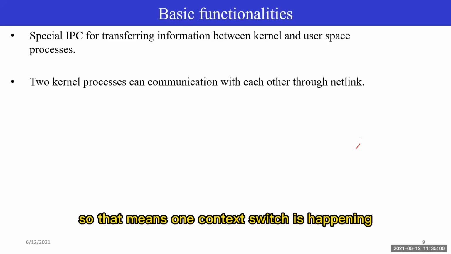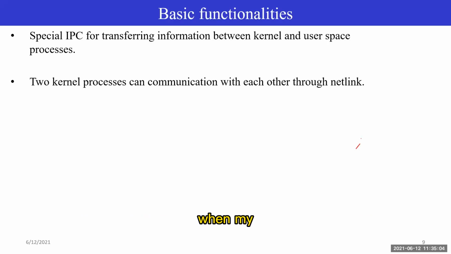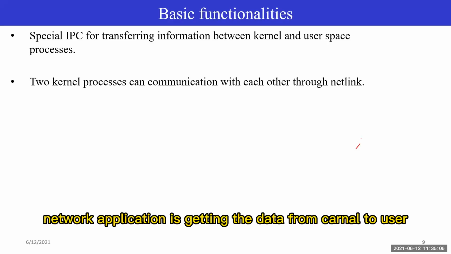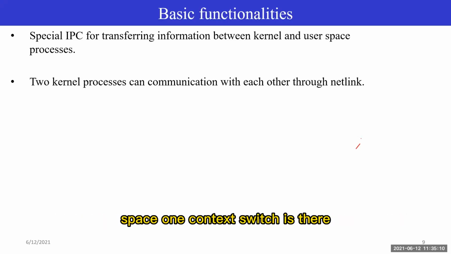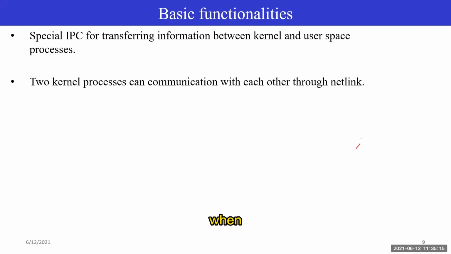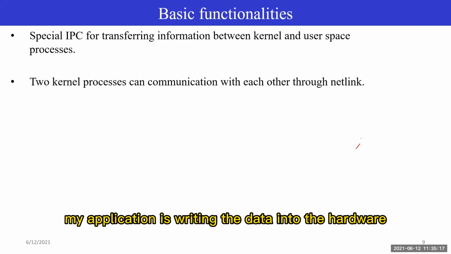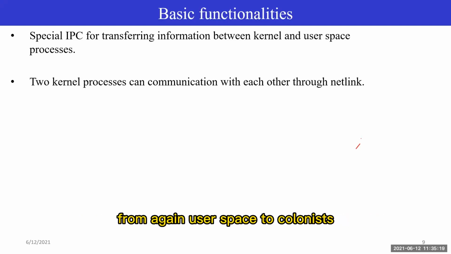So one context switch is happening when my network application is getting the data from kernel to user space, and another context switch is happening when my application is writing the data into the hard drive, again from user space to kernel space.